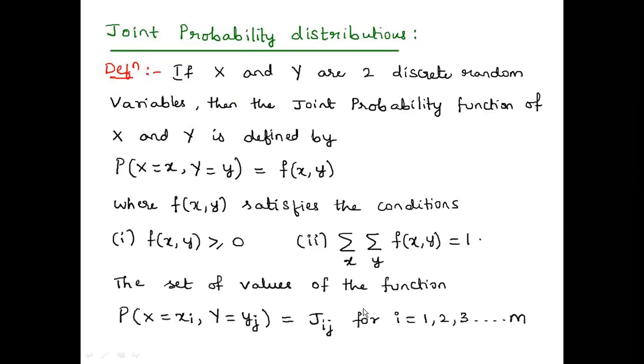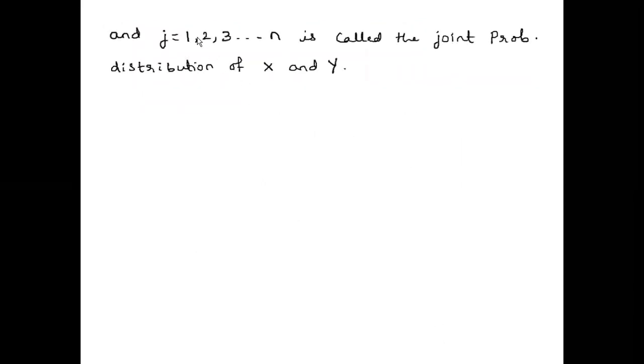The set of values of the function probability of x equal to xi, y equal to yj, denoted by jij for i equal to 1 to m and j equal to 1 to n, is called the joint probability distribution of x and y.